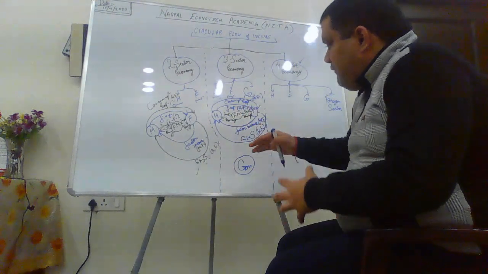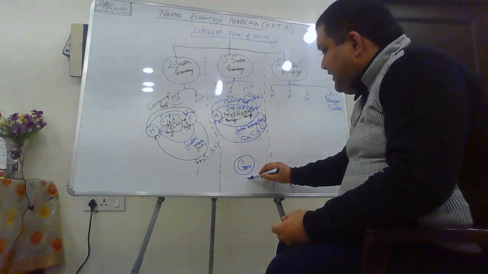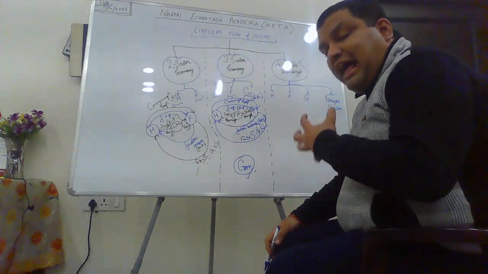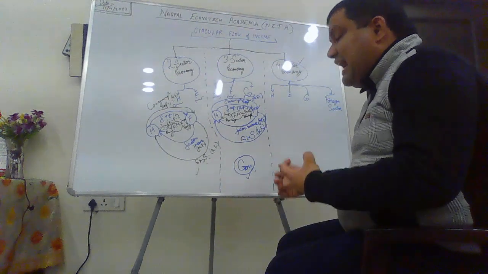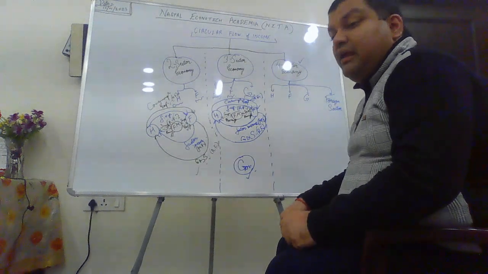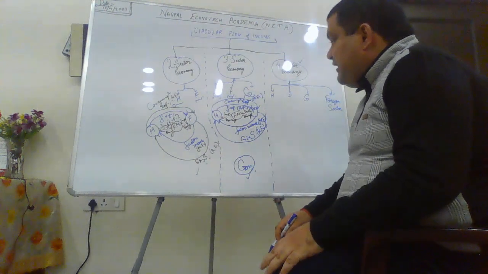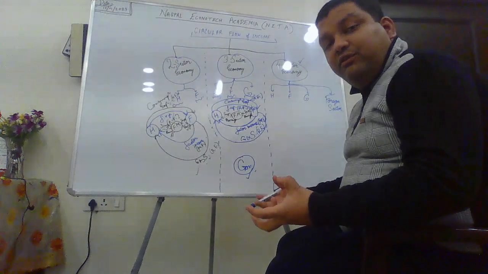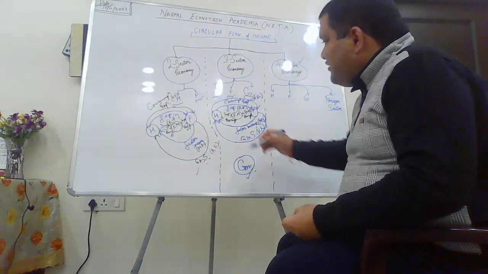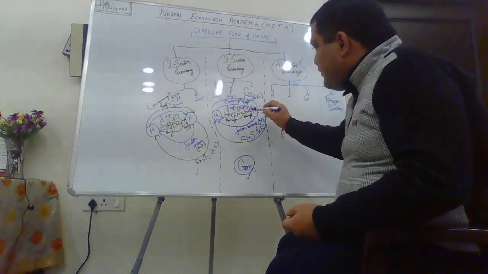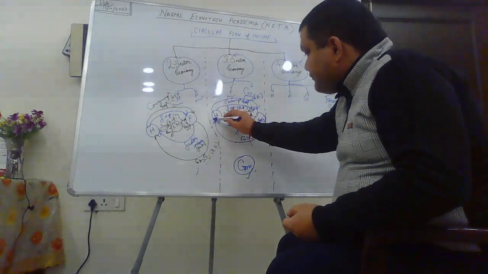So obviously, since it is a well-defined sector, it has to incur certain expenses and it has to earn certain revenue. Now, what's the revenue for the government? The government basically earns revenue through the taxes it charges from the household sector and firm sector, right?